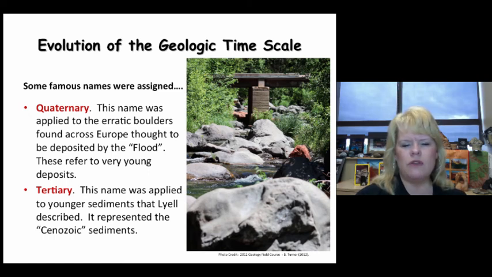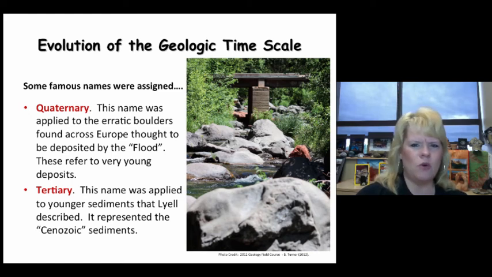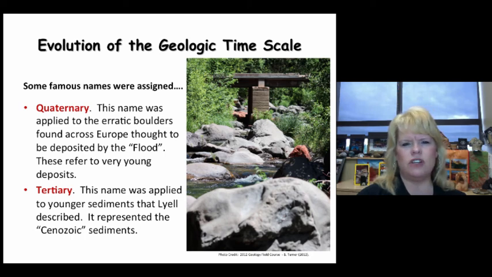So the name Tertiary was applied by Lyell, that you learned about in Geologic Time, to younger sediments that he described as Tertiary. So we now know that there's a lot more complex information in Tertiary aged rock, and even though Tertiary represents the earlier section of the Cenozoic, well actually a majority of the Cenozoic, it has a lot of controversy over whether it should be changed.